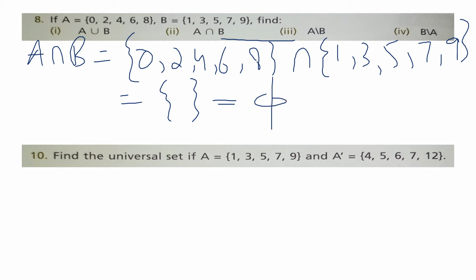Okay, now you have to do this part number 3, where we have to find the difference of A and B. Sets A and B are already written here. All you have to do is find their difference.